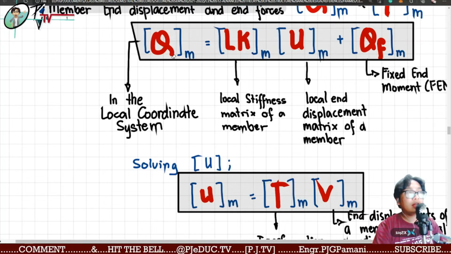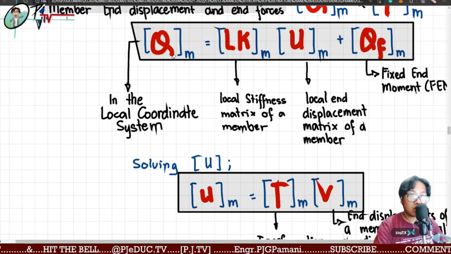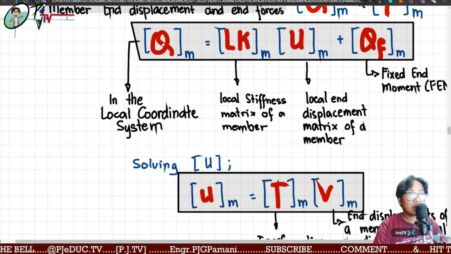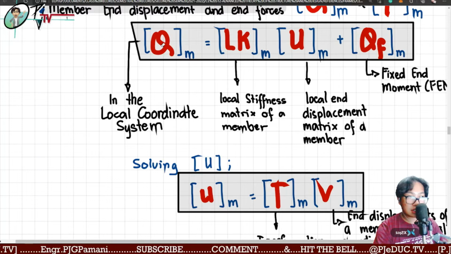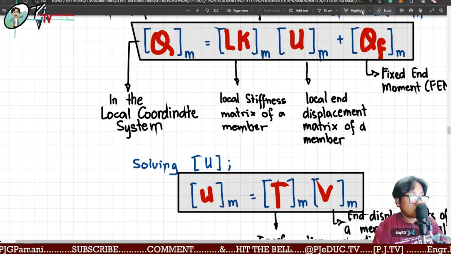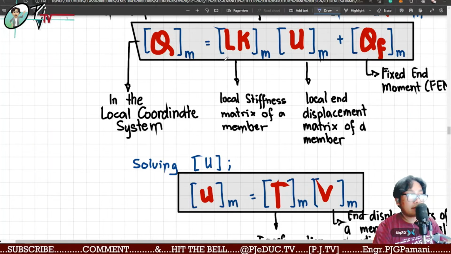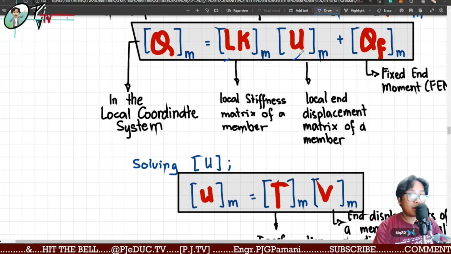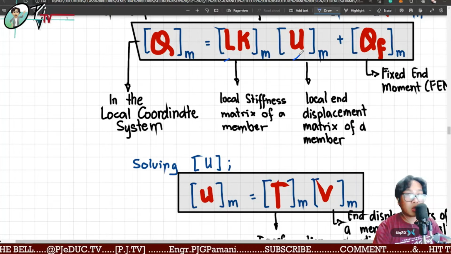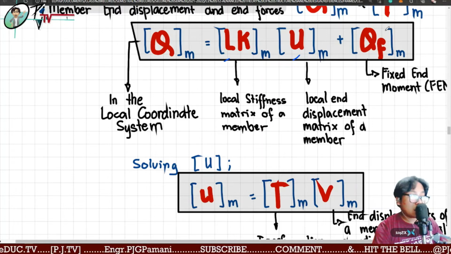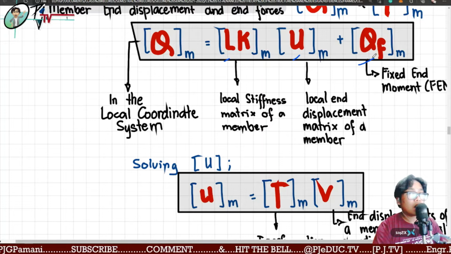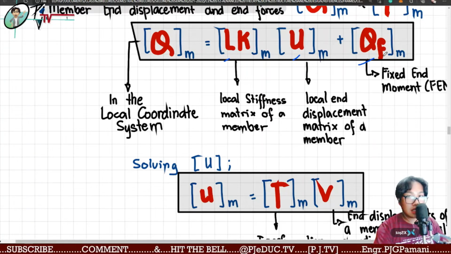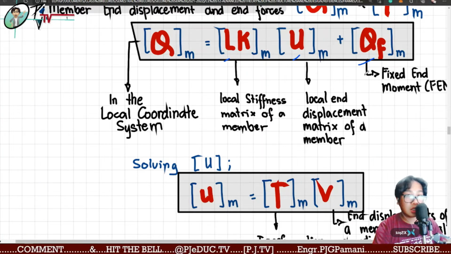So solving for the end forces on its local coordinate system, Q, is equal to the local stiffness matrix of the member times the end displacement of a member on its local coordinate system plus the fixed end forces on its local coordinate system, yung FEM natin kanina, yung ating QF.